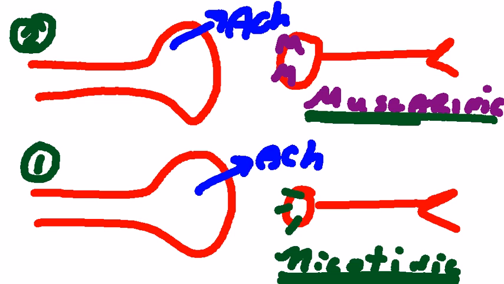But that's basically their only similarity, because nicotinic receptors themselves are actually ion channels. And so when they bind acetylcholine, their ion channel opens, and you actually get a depolarizing current into the membrane of the postsynaptic cell, like so.